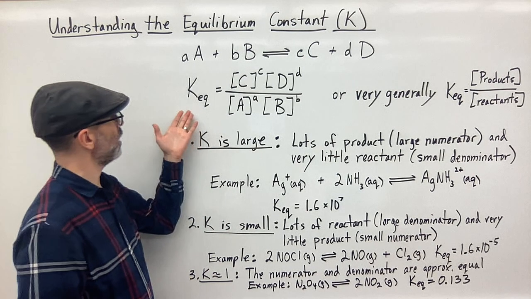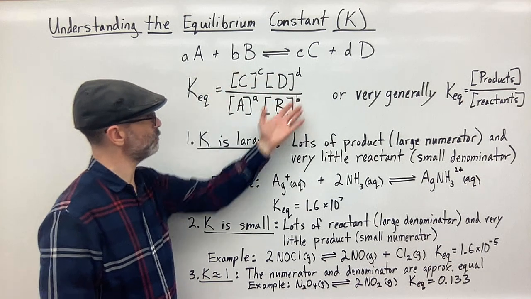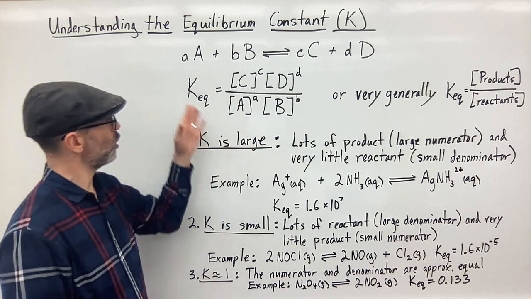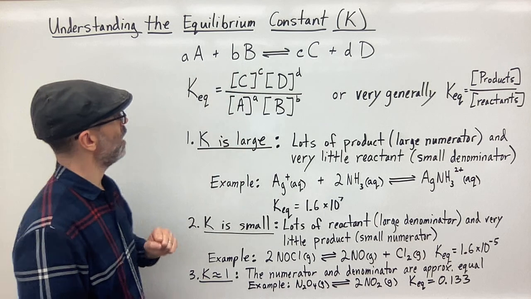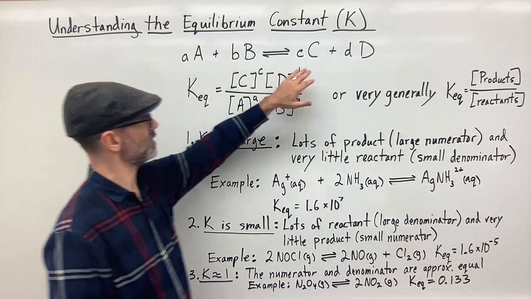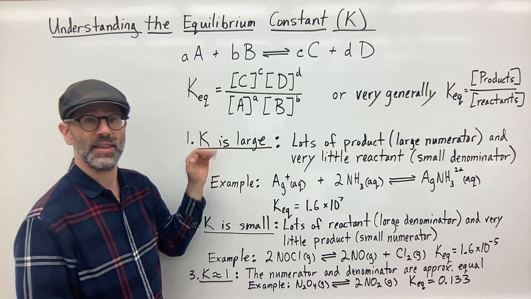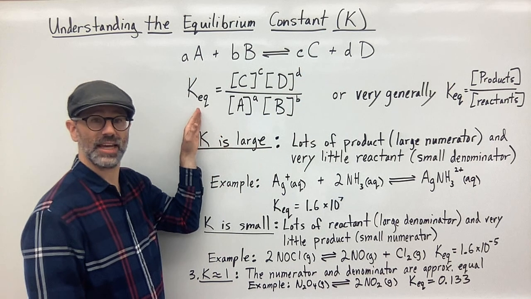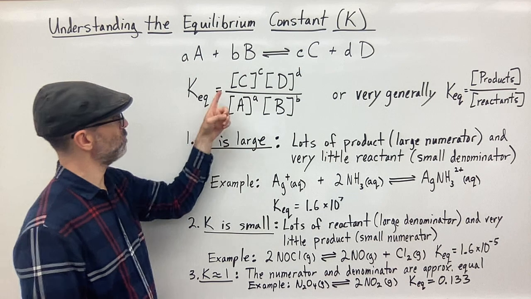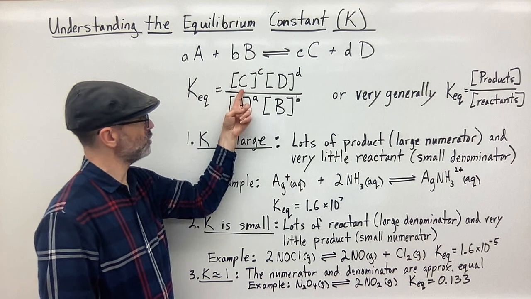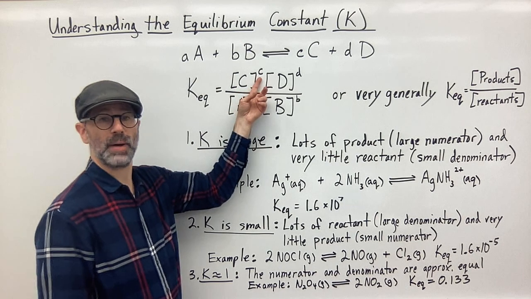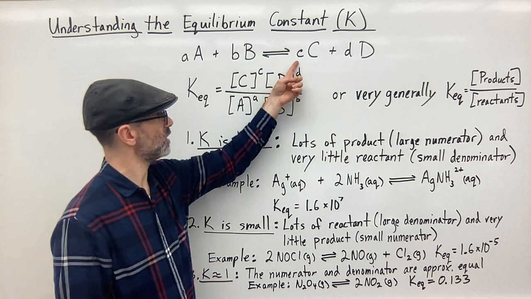So what we understand as KEQ is this form right here, this expression of KEQ. This is our generic reaction where we have A and B for reactants and C and D for products. Then the KEQ or the equilibrium constant for this reaction is just going to be the concentration of your product C raised to the power of its coefficient, little c here.